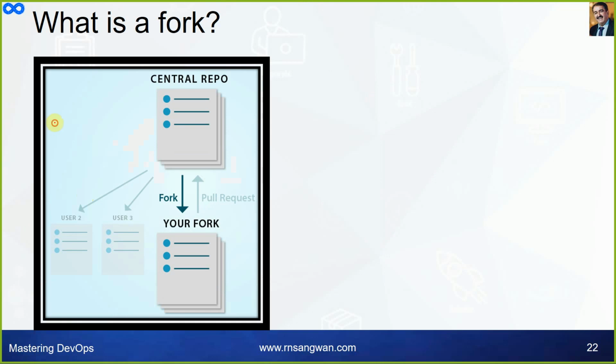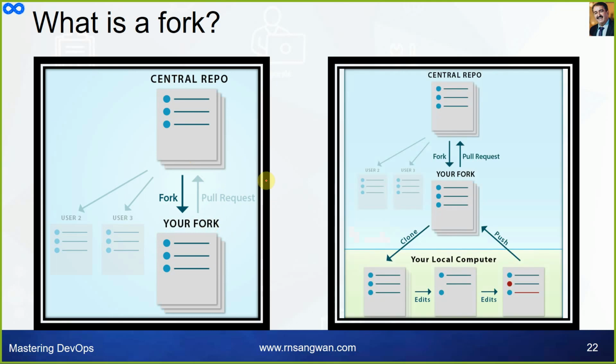This is what you do with a fork. Central repository. This is your fork, so this is your work. And you pull it? No, because this is your work. You cannot pull. So when you do this, the central repository, you fork it. This is your work. Where you clone to your local computer, you are working on it.